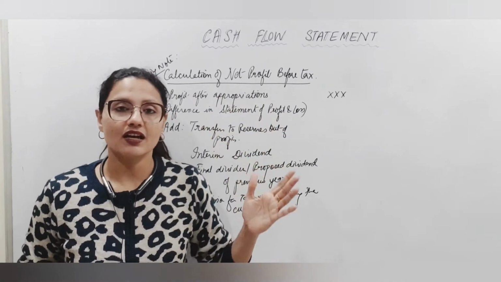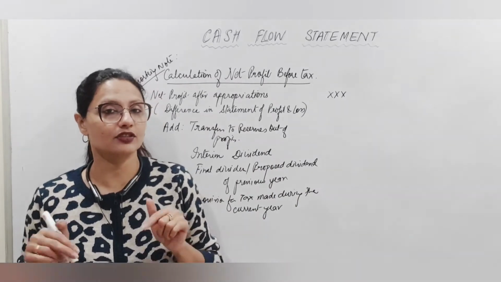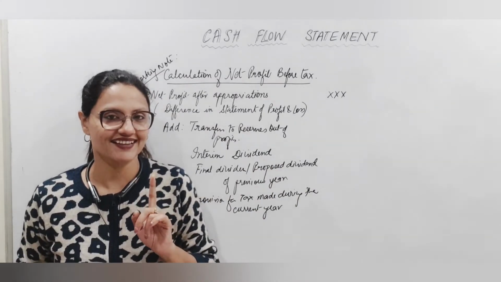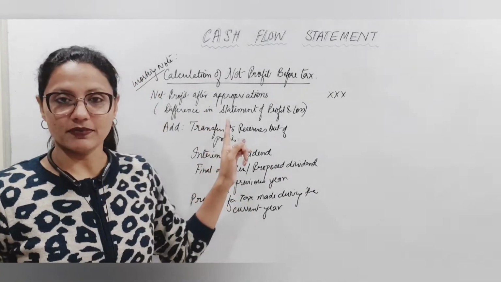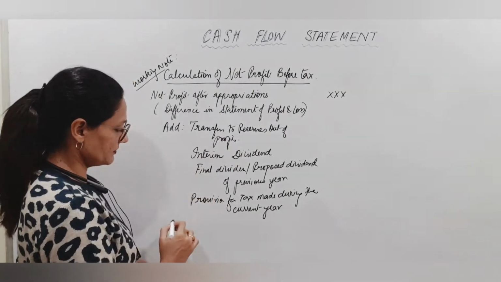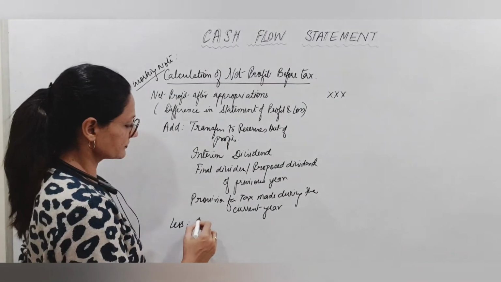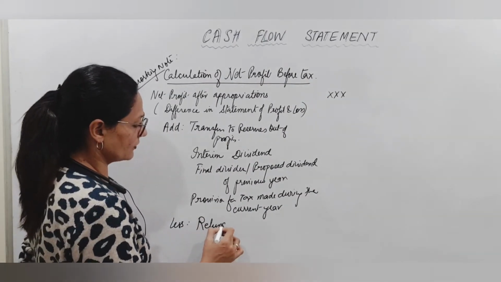So we are supposed to add back that provision also. Provision for tax for this year, not last year. Okay? So this we are adding back, and these are all add items. Only one subtraction, one deduction, is refund of tax.